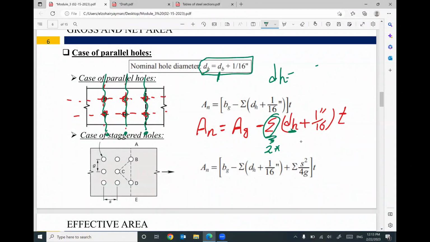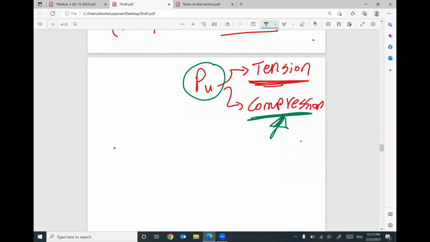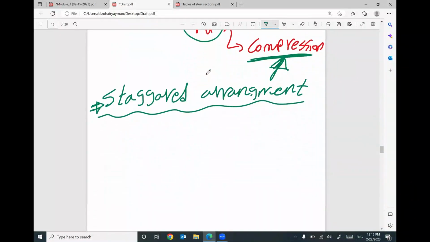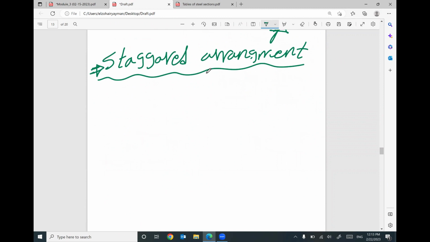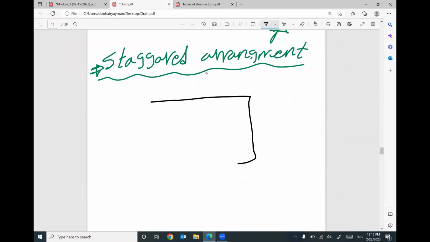Let me focus today on the second case. If you have a staggered arrangement, what do you mean by staggered arrangement? Later, when we discuss the design of connections, we will cover more details about this arrangement. But anyway, so far, staggered arrangement means I will put your holes or bolts like this.